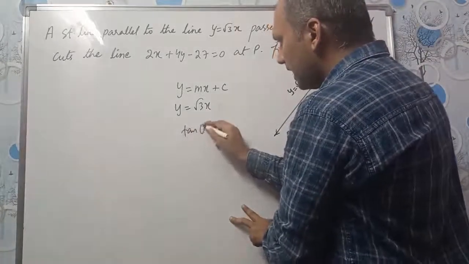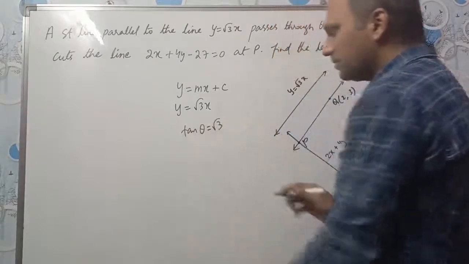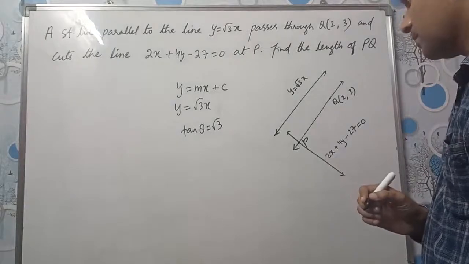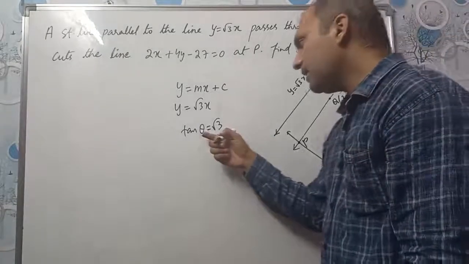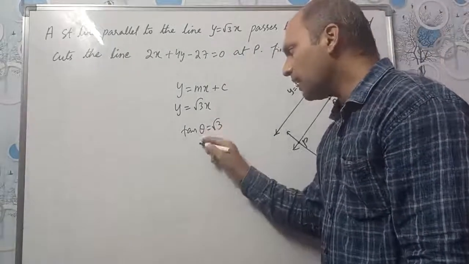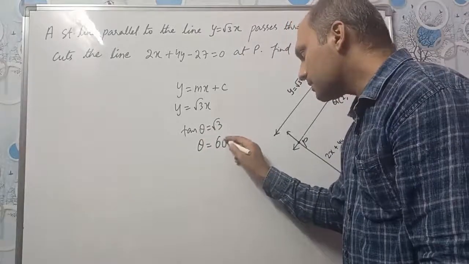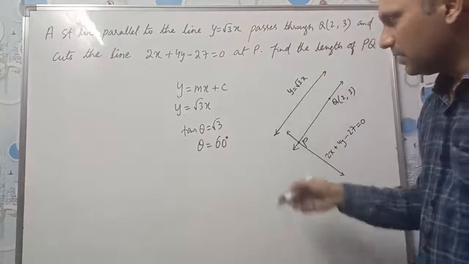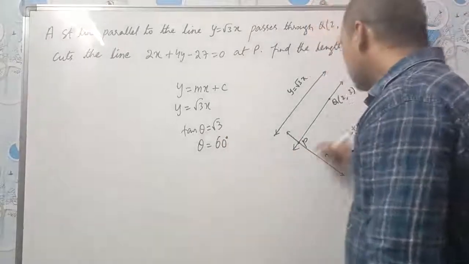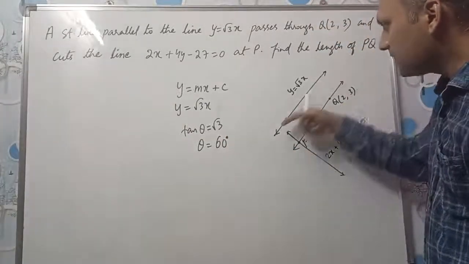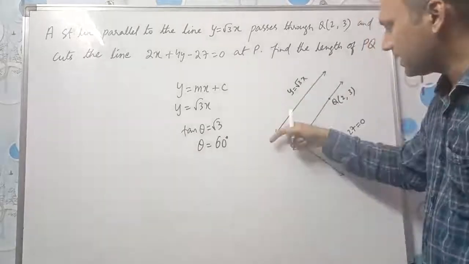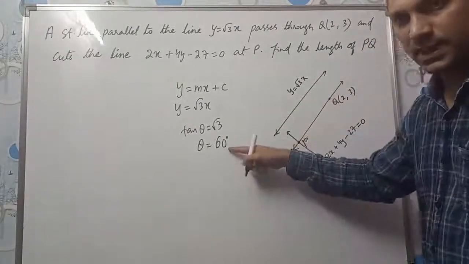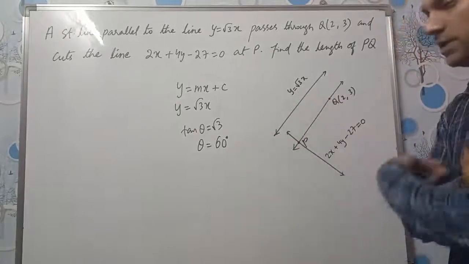That is, tan theta is root 3. Now if tan theta is root 3, what will be the value of theta? 60 degrees, because tan is root 3 at 60 degrees only, right? So this line is making 60 degrees with the x-axis, which also means this other line is also making 60 degrees with the x-axis because these two lines are parallel to each other.